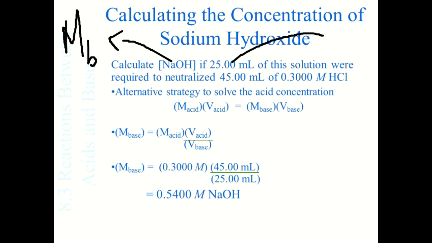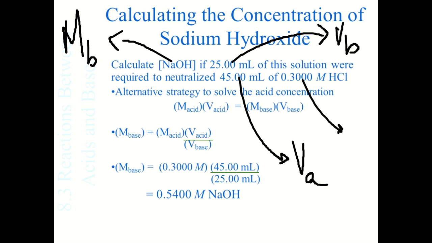So what's that? Good. Volume of the acid. And what's that? Okay, now can you try it? See if you get that answer. Use the formula M acid times V acid is equal to M base times V base.